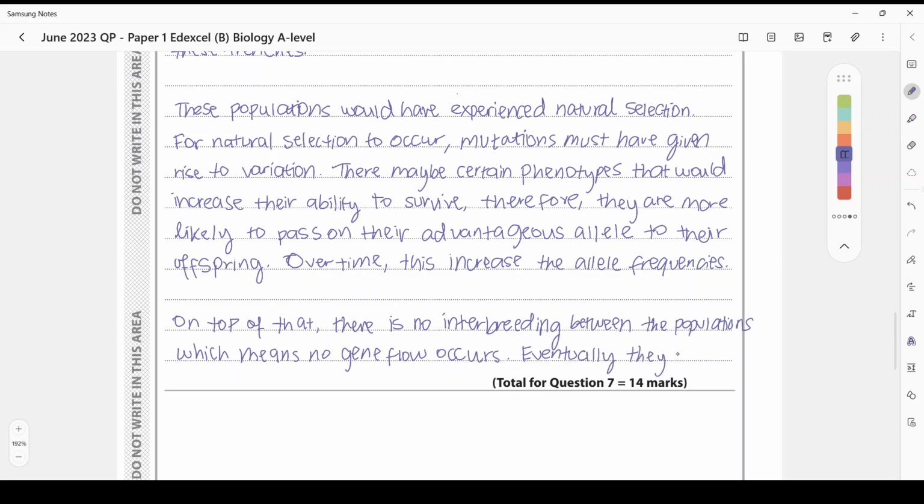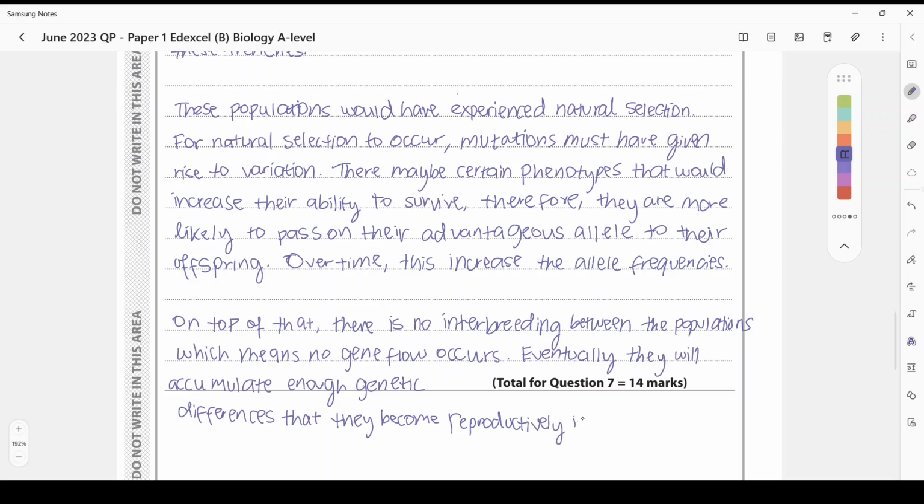Eventually, they will accumulate enough genetic differences that they become reproductively isolated.